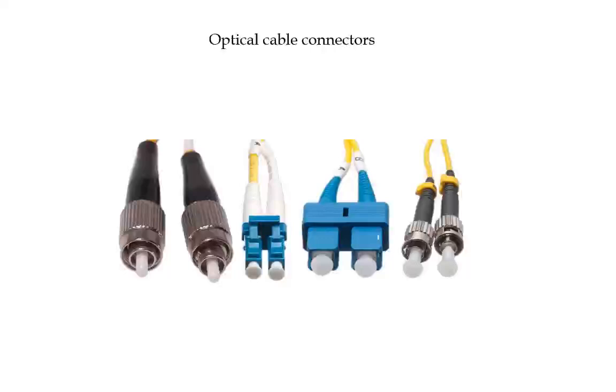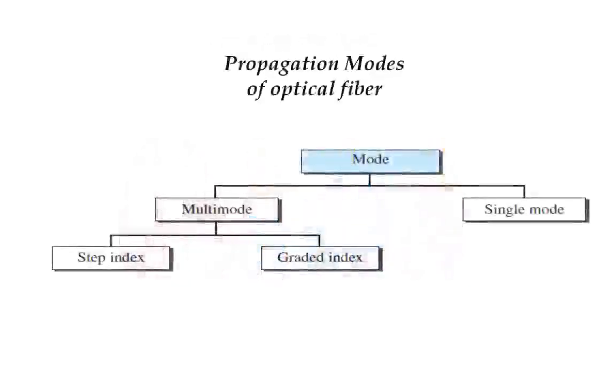We know optical beams are used for transmission from source to destination. By using the optical beam, we classify optical fiber cable into two types. One is single mode, another one is multi-mode. In single mode, we use only a single beam. In multi-mode, we have multiple beams.